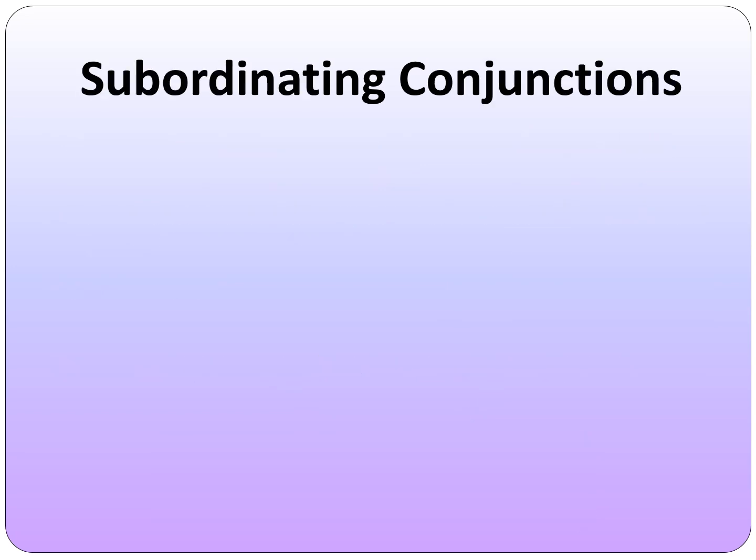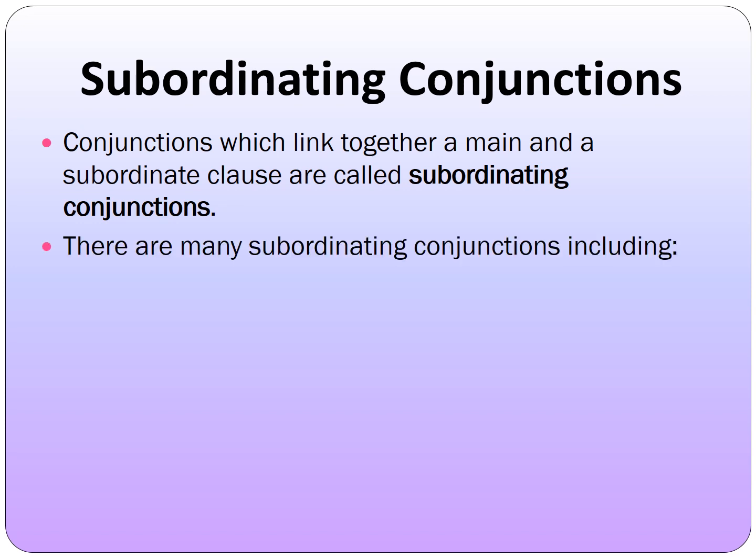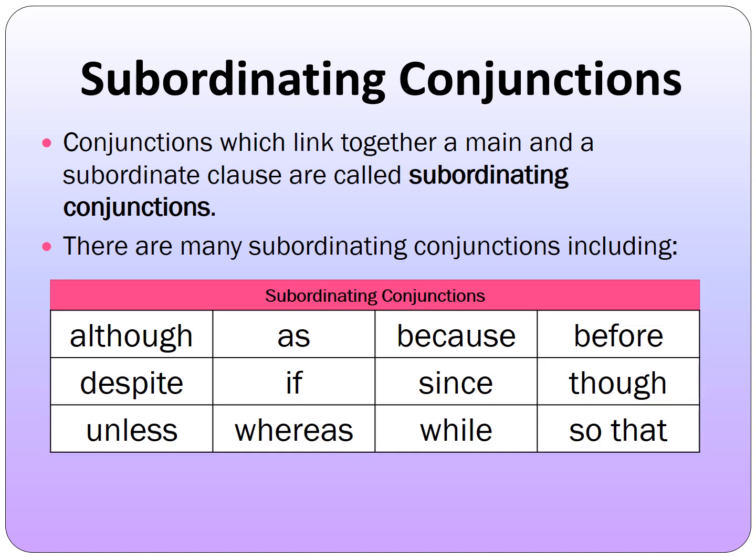Subordinating conjunctions. Now we have lots of ways we try and remember these. Conjunctions which link together a main and a subordinate clause are called subordinating conjunctions. There are many different ones, including although, as, because, before, despite, if, since, though, unless, whereas, while, so that.